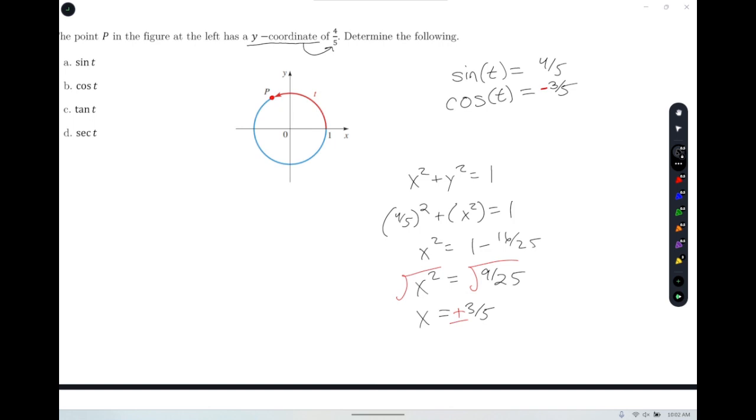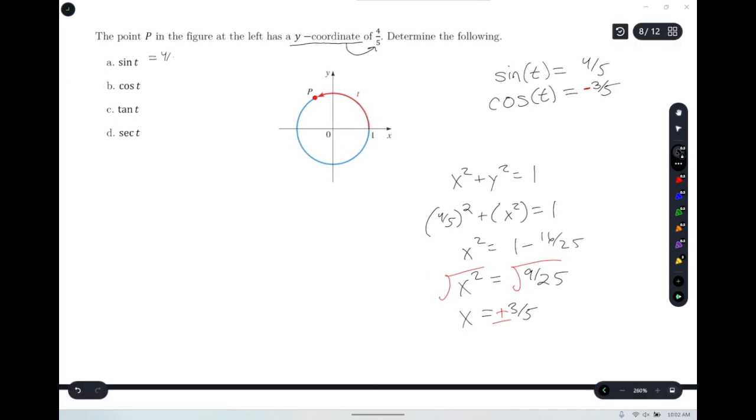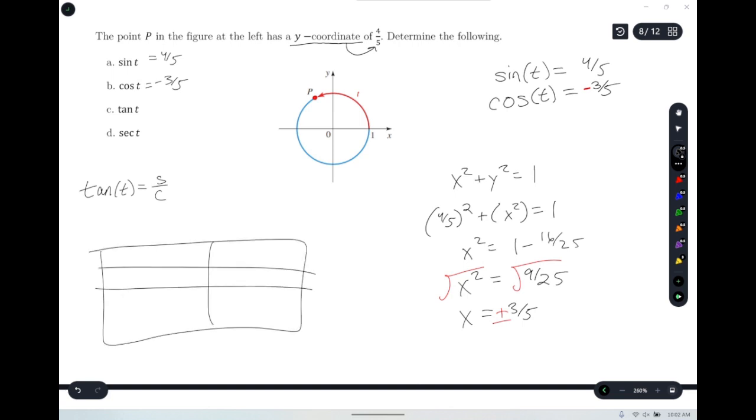Okay, so what about 10? We got 4/5. 10's actually easier than that. If you can get to your cosine, you know how you find tan? Remember the rule? S over C. Remember when we did that grid of 6? So it's just going to be 4/5 all over negative 3/5.